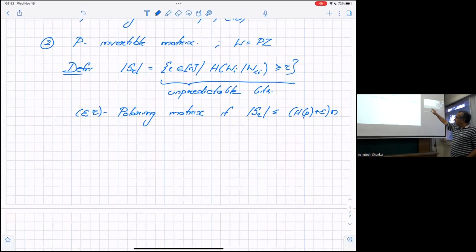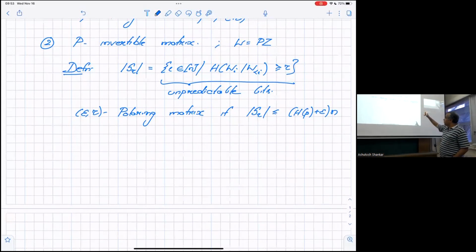If we manage to lay our hands on a polarizing matrix, then what's the code? The compression scheme is just to apply P on the input and then output PZ restricted to S tau. That would give you the compression scheme. And given this, there is a very natural decompressor, the most natural thing, and both these work perfectly well.